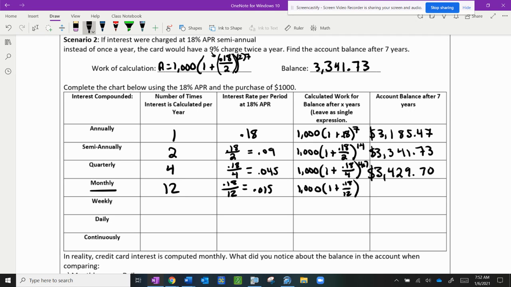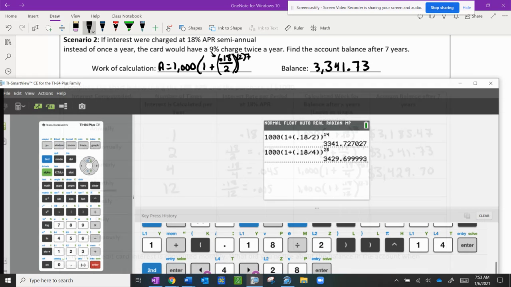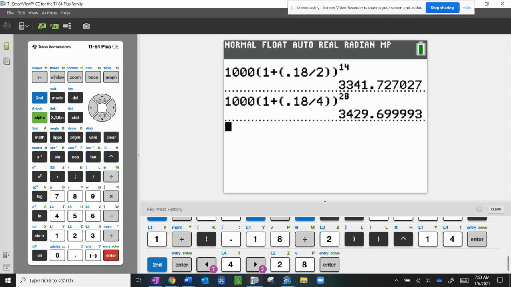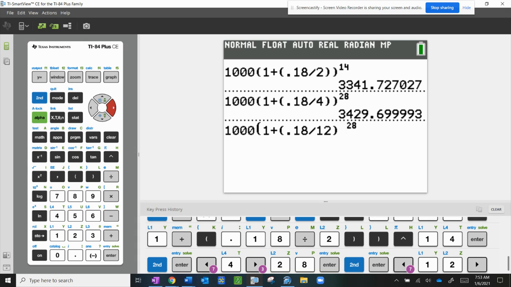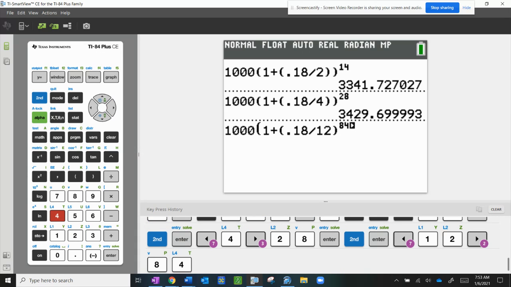And then 12 times 7, which is 84. And now I'm going to go to my calculator, and I'm going to put second entry, and I'm just going to use those two numbers. So now I'm doing it monthly, and this will be 84. I'm going to hit enter.